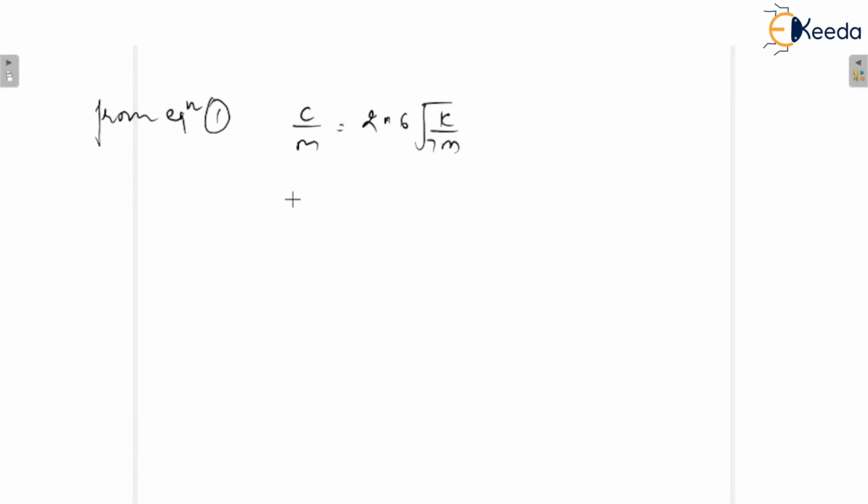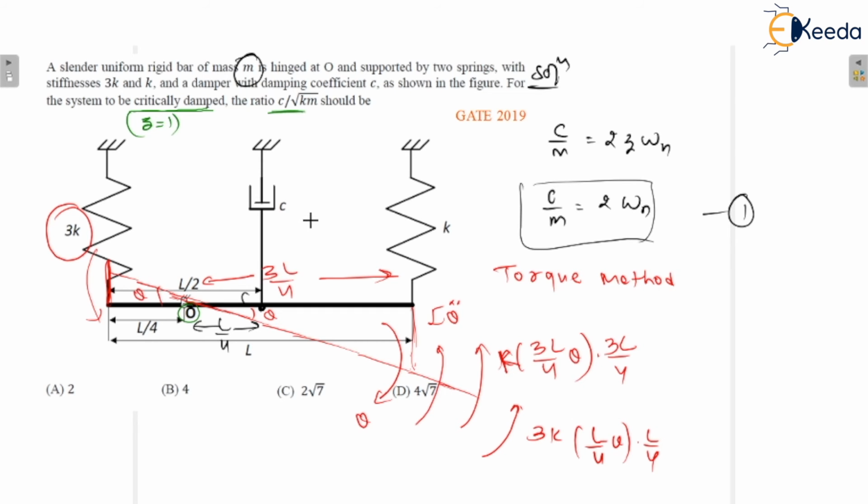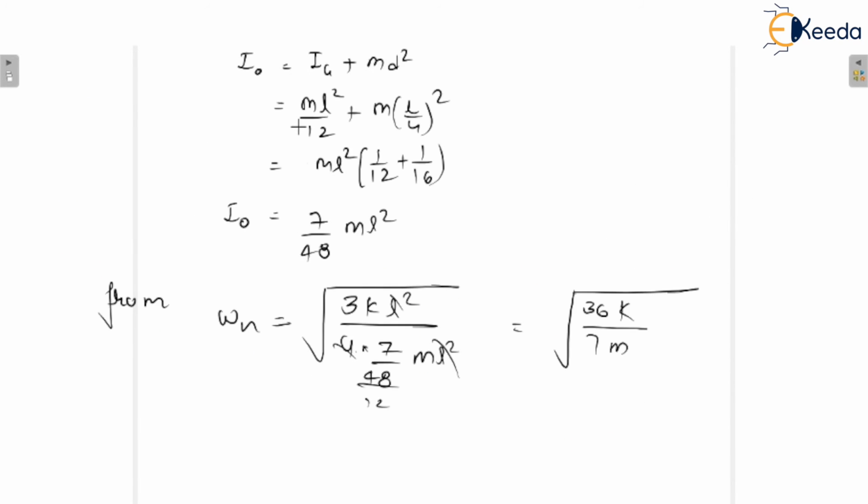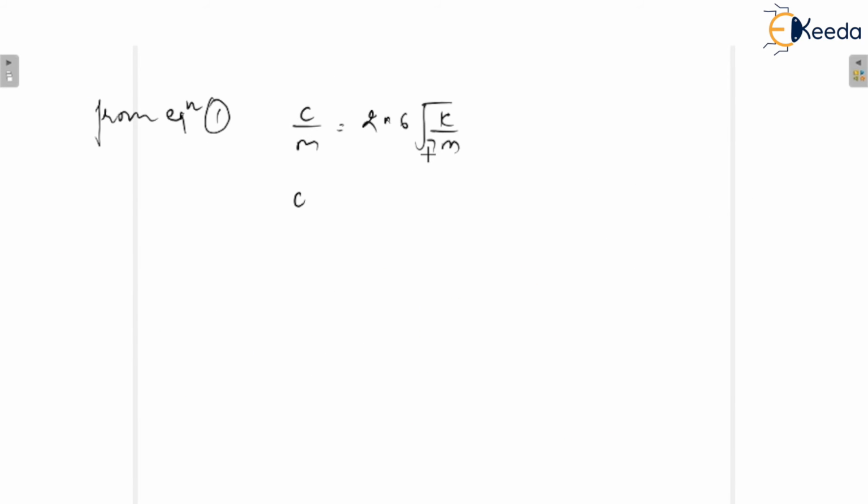What is the value we have to calculate? We have to calculate C by under root of km. So you can see here C by m is equal to 12 under root of k, divided by under root of 7 multiplied by under root of m.